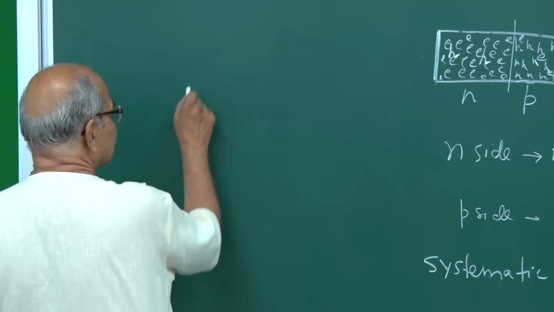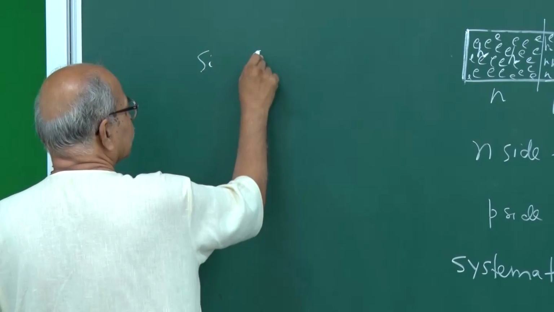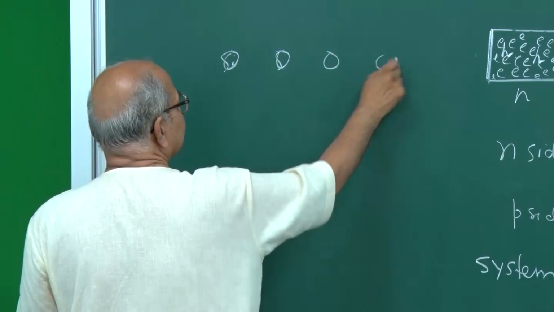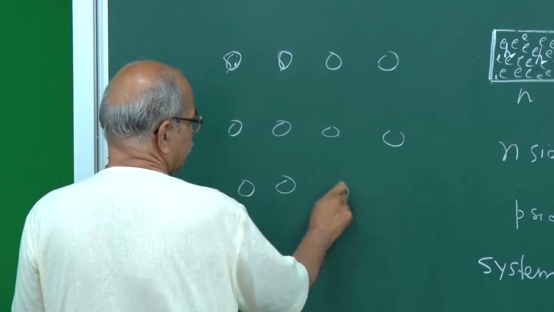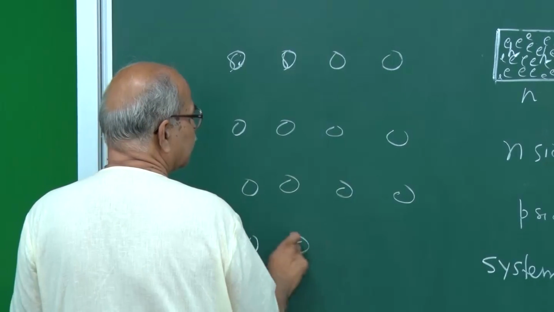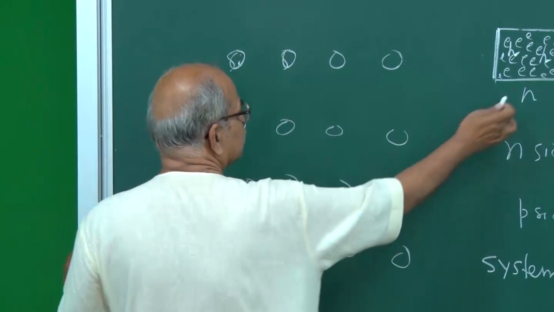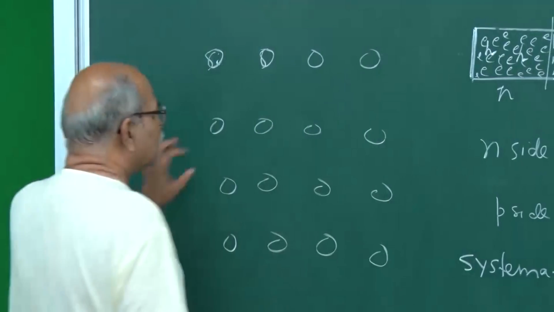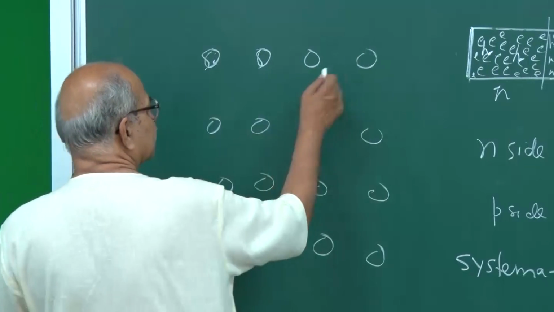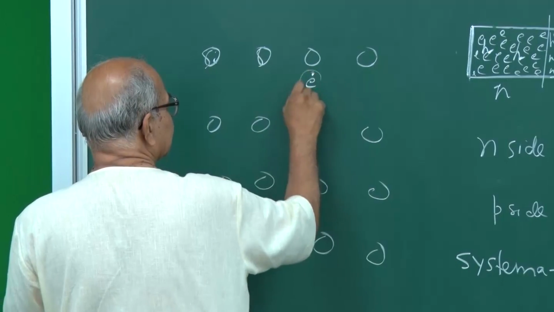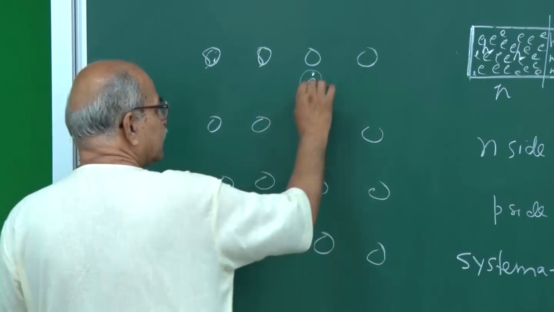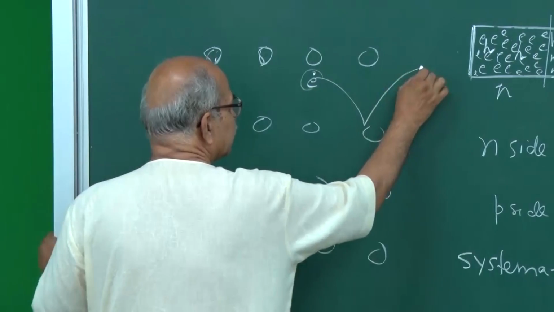So, you have all those silicon atoms. Then at some places, if it is N type, you have put those impurities, and because of that you have those extra electrons which are in the conduction band, and they are going here to there to there.